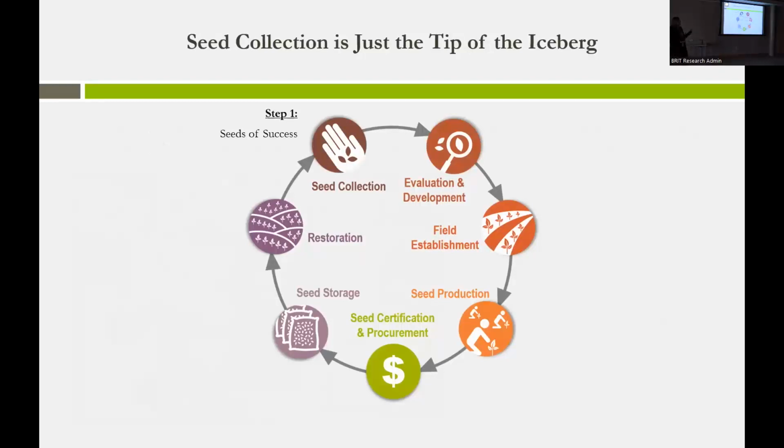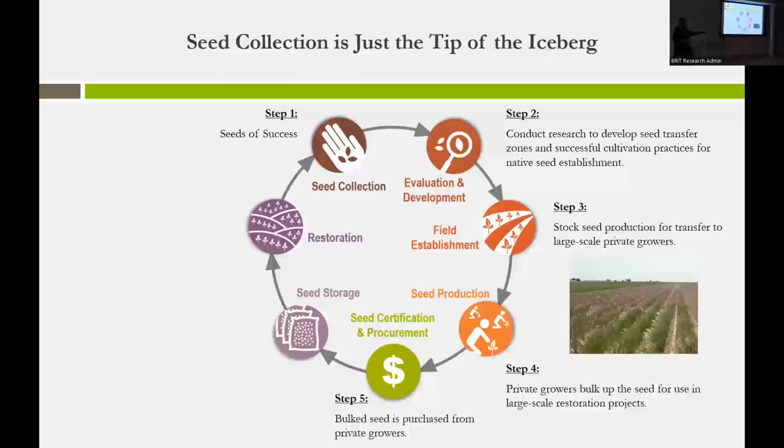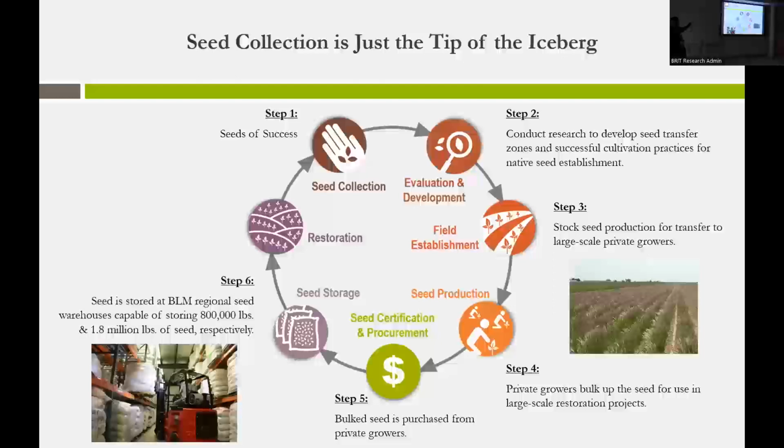Just to give you a rapid rundown of the full process, the next step is to conduct research and develop seed zones and practices for the successful cultivation of native seed and their establishment, so that we can produce stock seed to be transferred to large-scale private growers, who then grow out and bulk the seed up for large-scale restoration purposes, which is then purchased back by the federal government and stored at these massive BLM seed storage warehouses, capable of storing upwards of 800,000 pounds to 1.8 million pounds of native plant seed.